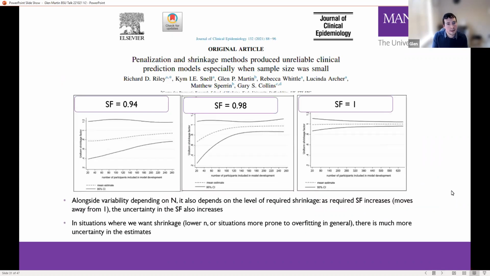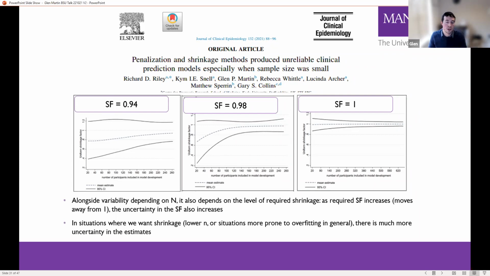This was then studied a little bit further by Richard Riley and colleagues. So there they looked at variability, both as a function of the sample size that's available and also the level of required shrinkage. So this is just a screen grab of one of the figures from that paper, where we looked at essentially 3 cases.